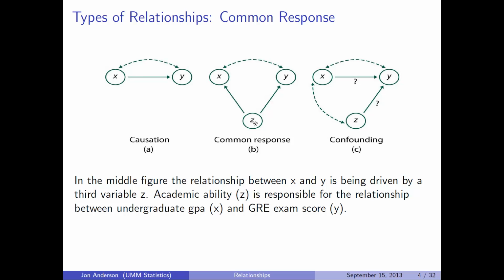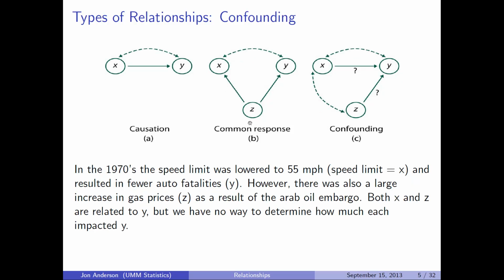Better students, Z, higher, will produce higher GRE scores, and better students, Z, will produce higher GPAs, and that might be the reason why GPA and GRE score look correlated. That would be an example of the middle diagram, common response.